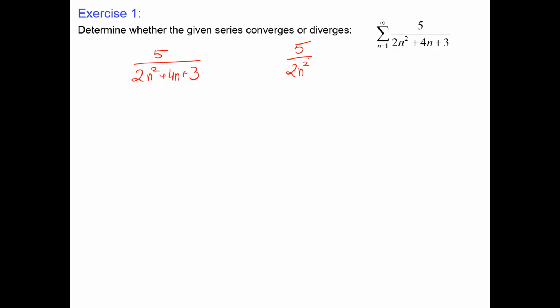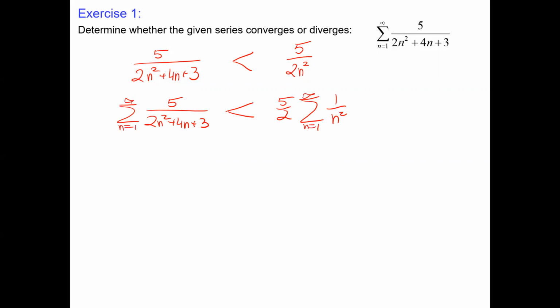The denominator is bigger on the left-hand side, so the whole fraction is smaller. Perfect. It means when I create the summation for the same number of terms, that sum is also smaller than this one. I can possibly put the constant outside. Then we will see better. That means this relation holds if we add the same number of terms.